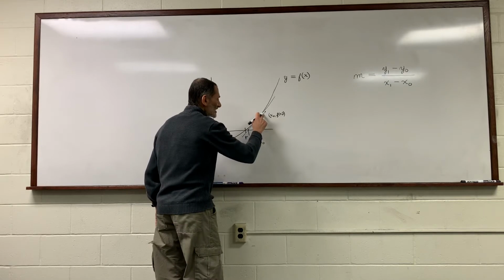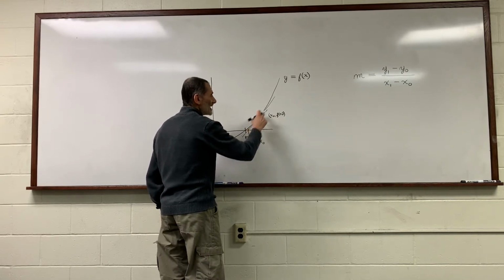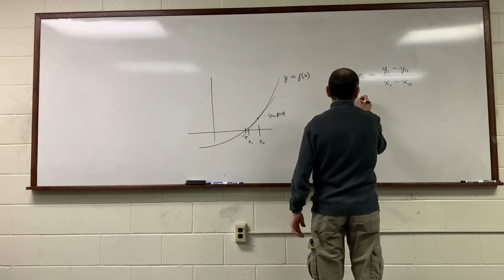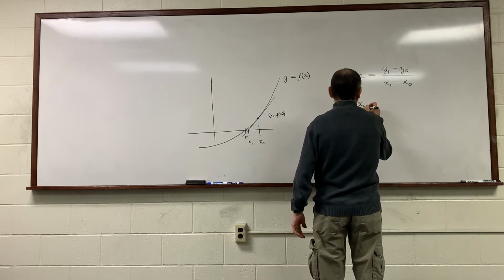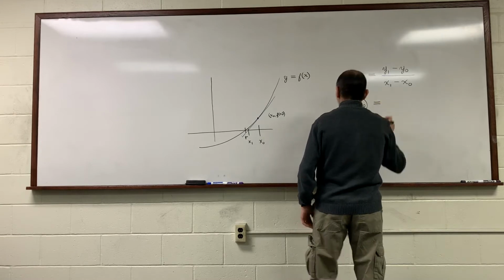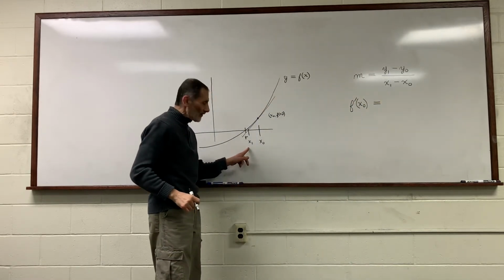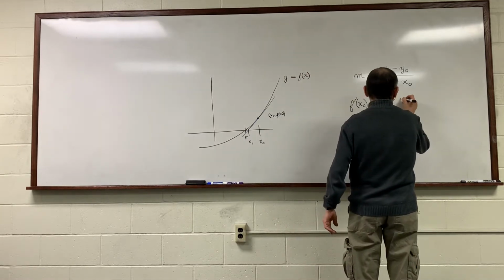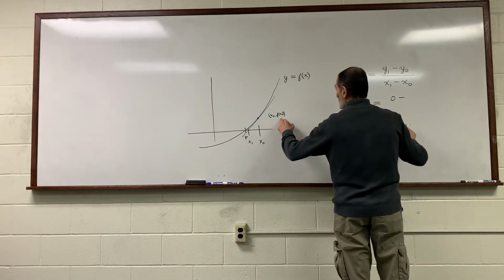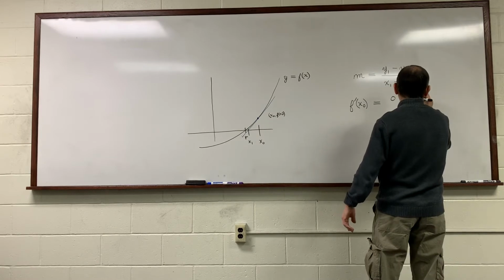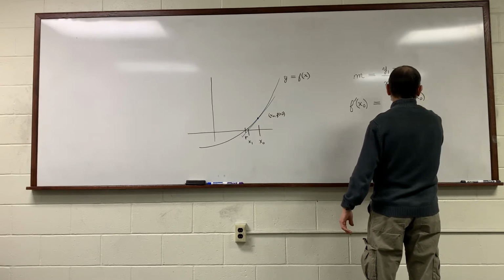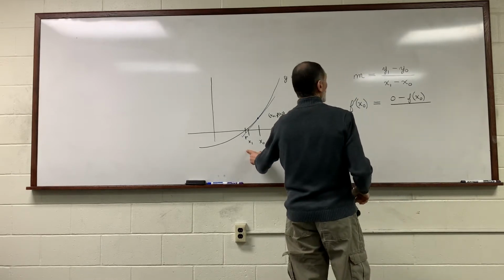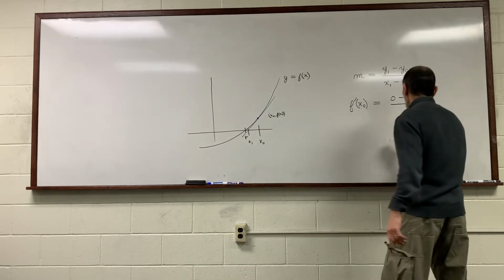The slope of this tangent line, since it is the line tangent to f at x sub 0, is f prime of x sub 0. Our y1, or f of x sub 1, is 0. Our y sub 0 is f of x sub 0. And x sub 1 and x sub 0 are exactly the same.